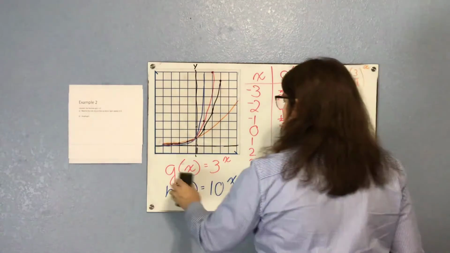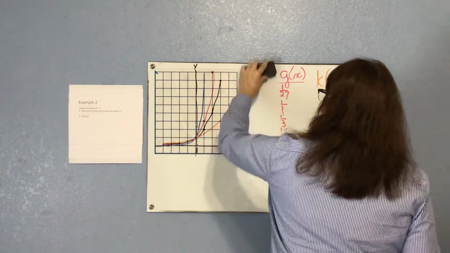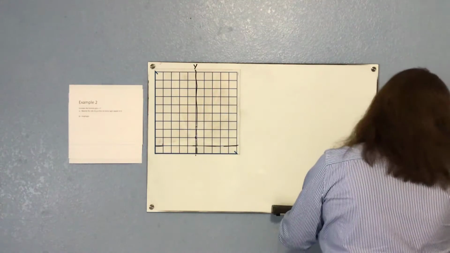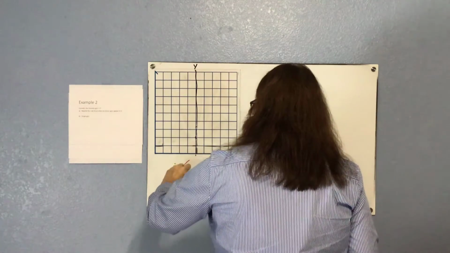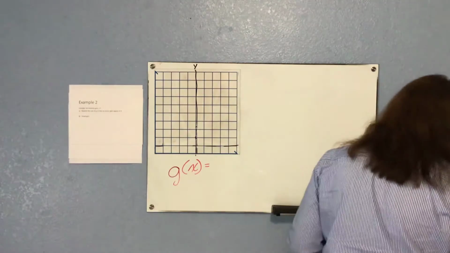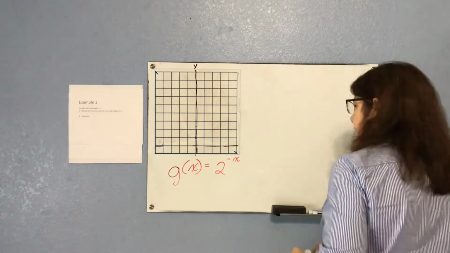Let's look now at what happens if my exponent is negative. So let's look at g of x equals 2 to the negative x.